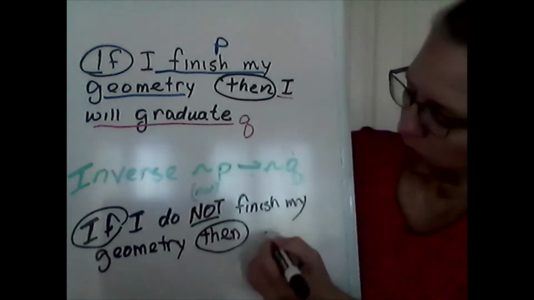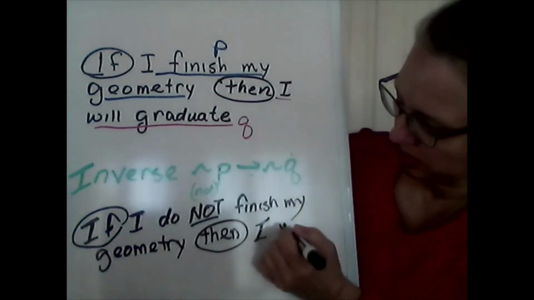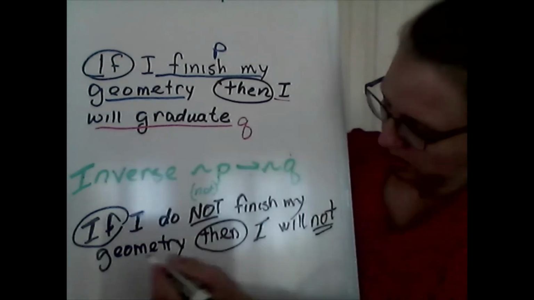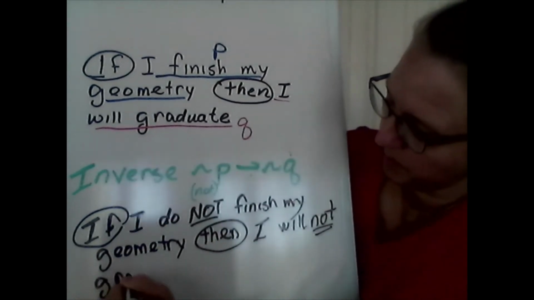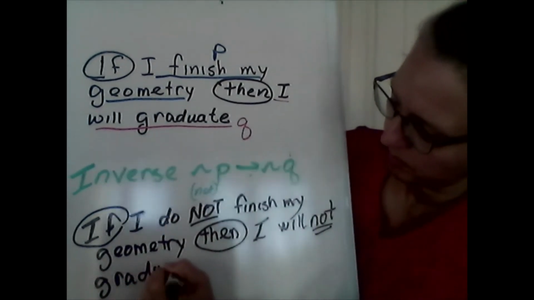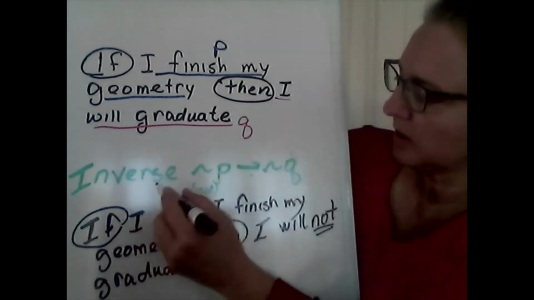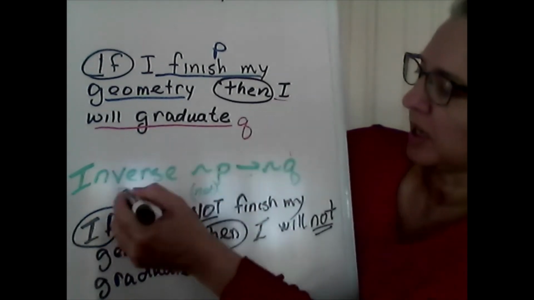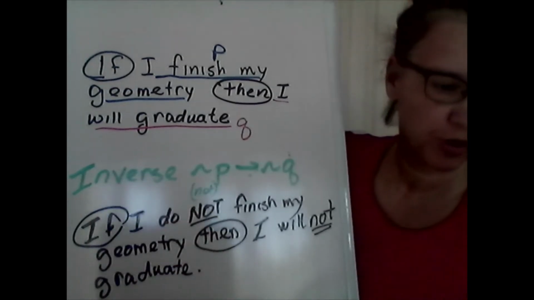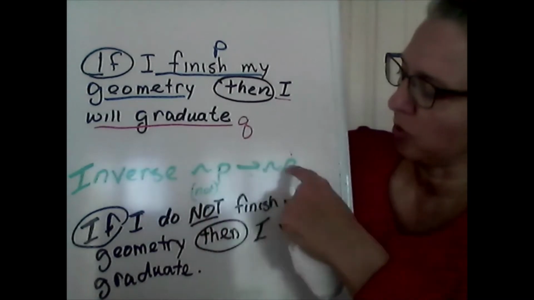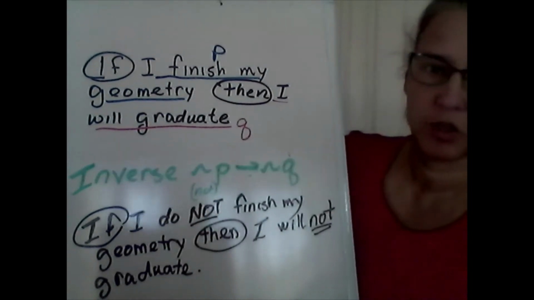Then I will not graduate. Same thing, two parts, except when you do your inverse, you just add the word not. But the same order, P, then Q.